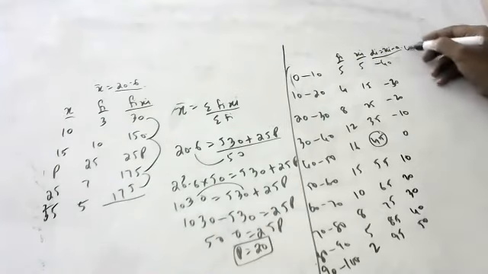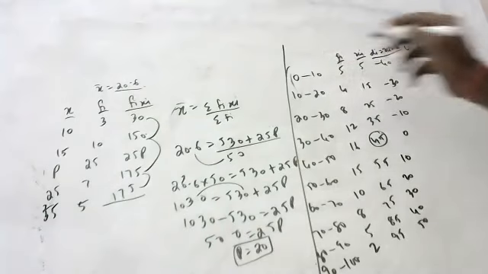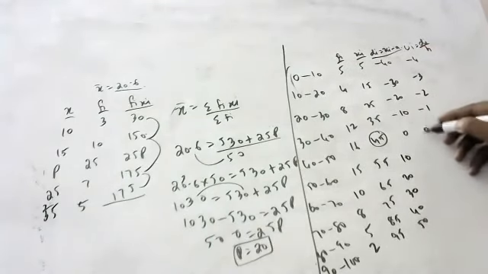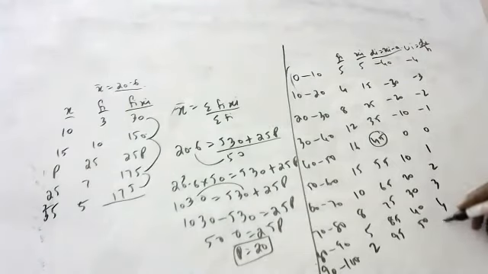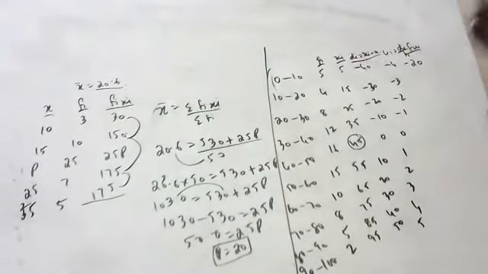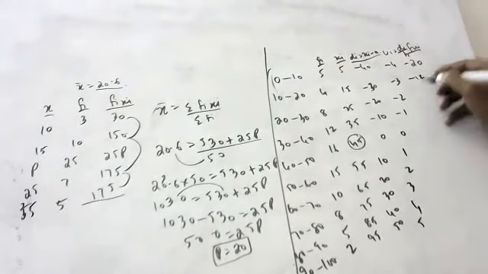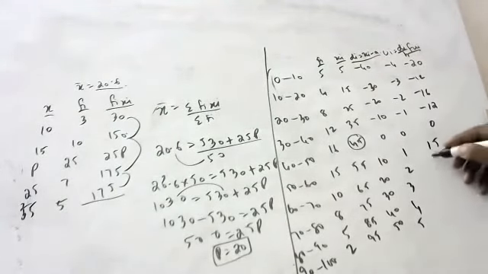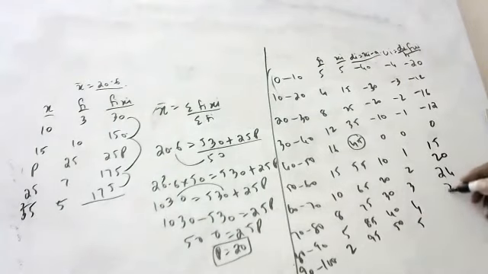Now, Ui is Di by h. Minus 40 by 10 gives 4, 3, 2, 1, 0, 1, 2, 3, 4. FiUi: 5 into minus 4 is minus 20, minus 12, minus 16, minus 12, 0, 15, 20, 24, 20, 10.